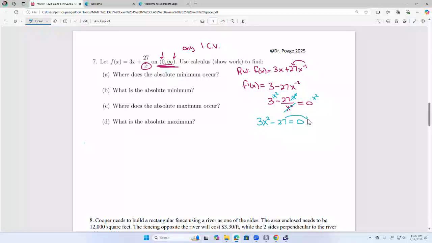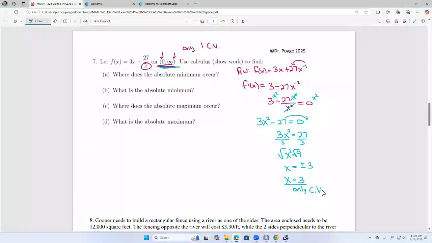I'm going to add 27 to the other side. I'm going to divide both sides by 3. And when I take the square root of both sides, I would get plus or minus 3. But again, my interval is only positive numbers. And so I only get x equals 3. This is my only critical value.